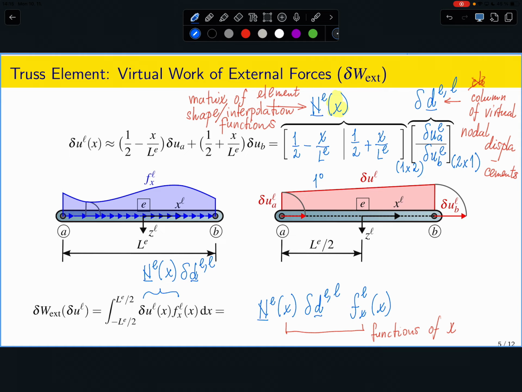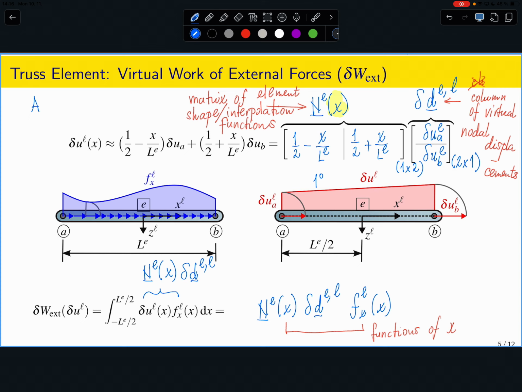So if I would be able to take this quantity and put it in front of this object, I can actually integrate this NE with f and get some object which I know already. Unfortunately, you cannot do this transformation, so I cannot swap this freely, because if I do that, I will multiply this column by this row and I will get something completely different.